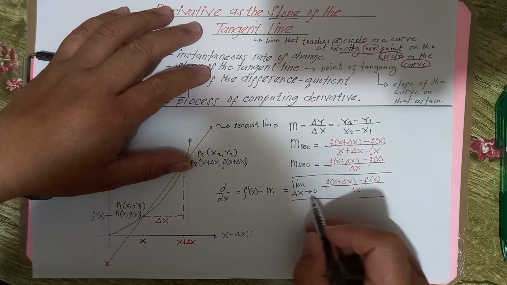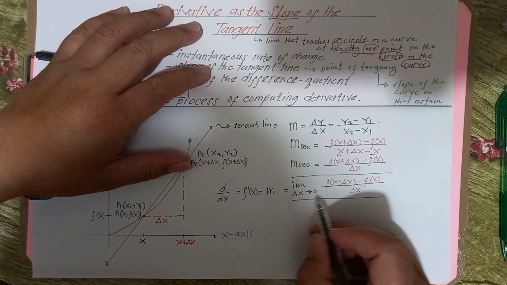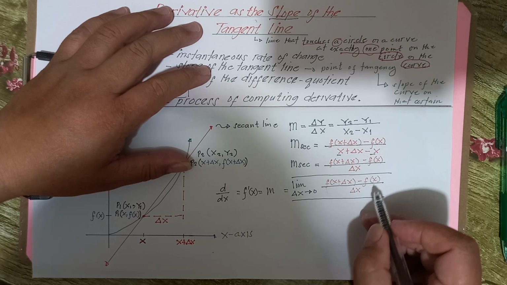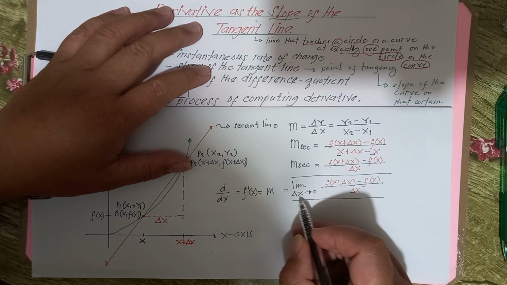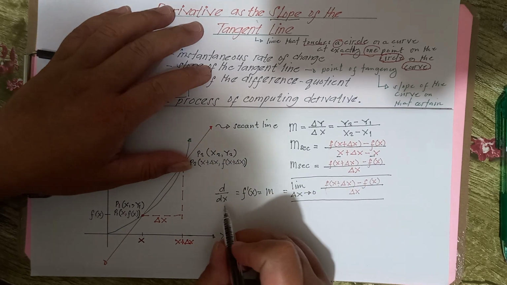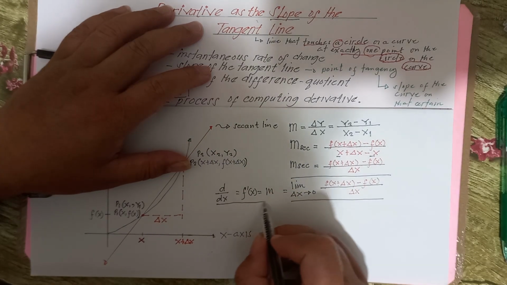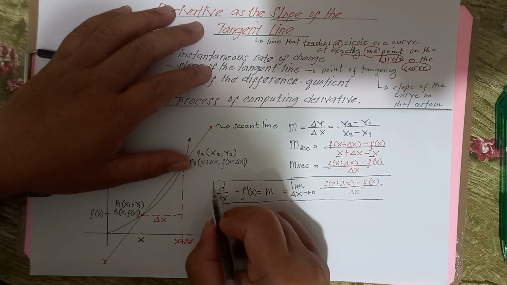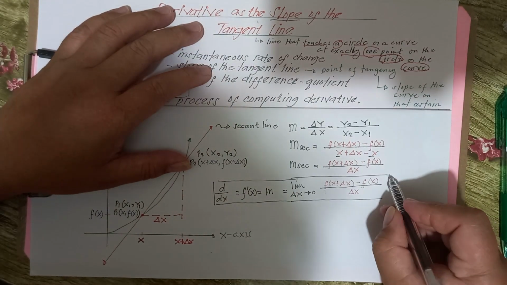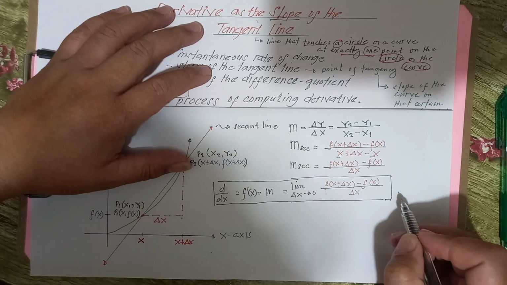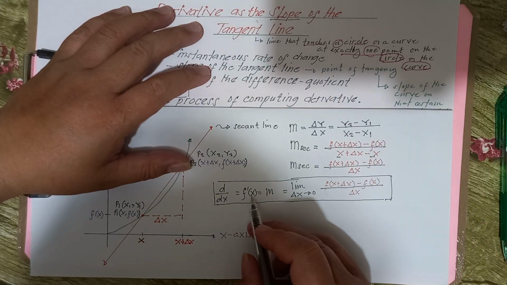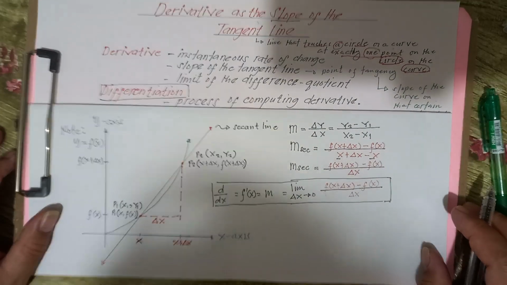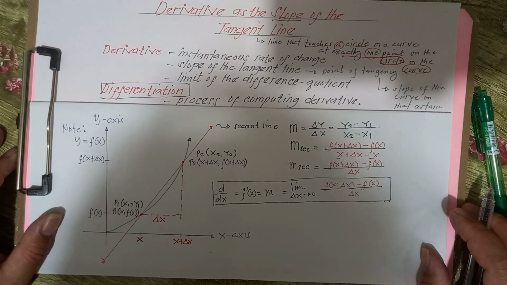is the same as the limit of f of x plus change of x minus f of x over change of x, as change of x is approaching 0. So they are all the same. So meaning to say, using this notation or this one, are all indications that they pertain to derivatives.